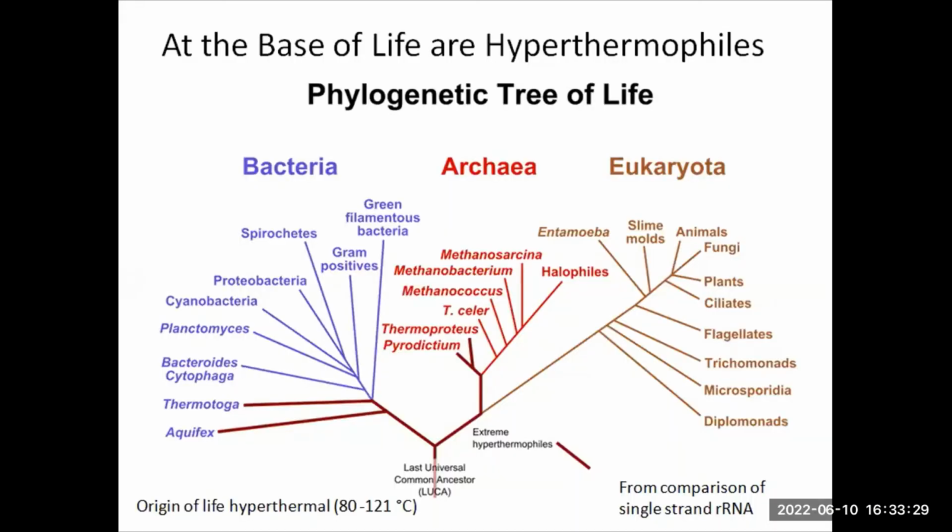Now, it's interesting that if one does an analysis of the genomes of different species, and here we have the 3 domains of life, the bacteria, archaea, and the eukaryote, and we look at their ribosomal DNA. Remember, the ribosomes are those little factories in every cell which are producing the proteins.